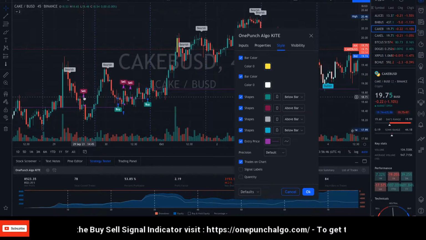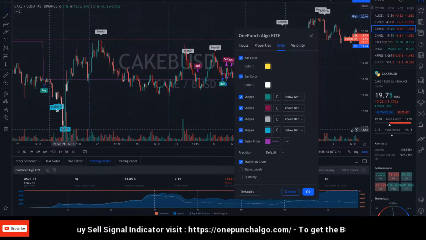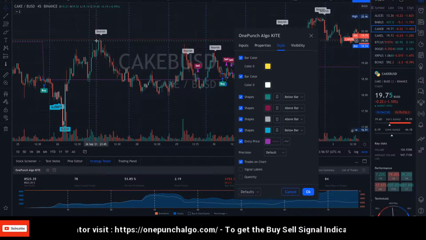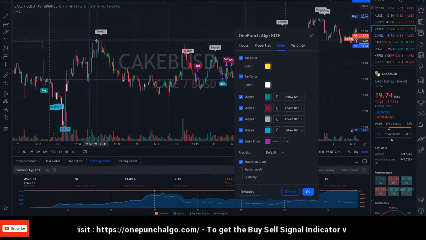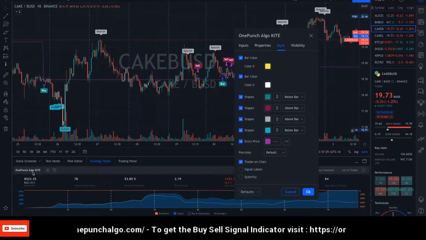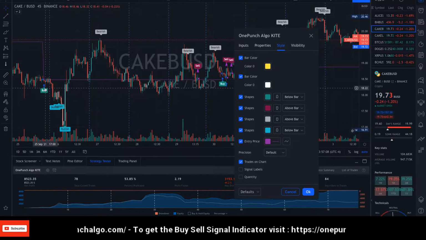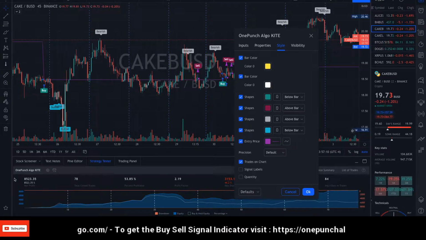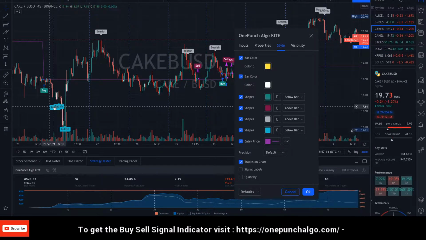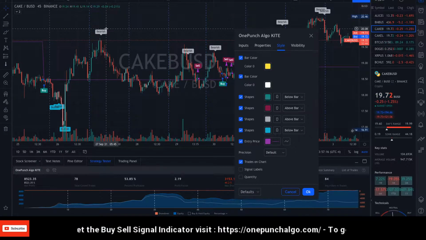And these bullish and bearish signals, they are actually good, but they are given for you to make your own decisions. So these aren't accounted in the strategy at backtesting. Only the buy and sell signals are accounted in the backtesting. So it's up to you to decide what to do with these bullish and bearish signals.